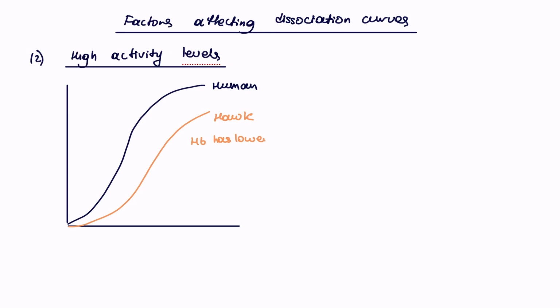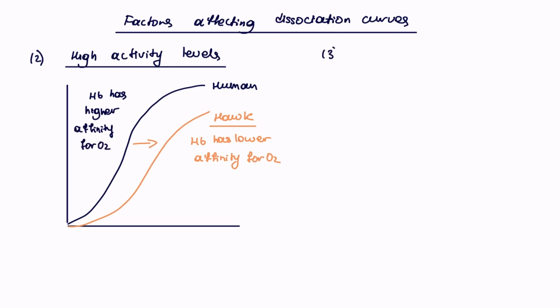So in this case, hawk's hemoglobin needs to be able to release oxygen more readily compared to human hemoglobin, because remember, oxygen is going to be used for the aerobic respiration, so then the energy can be released in a form of ATP for various cellular processes. So in this case, the hawk's dissociation curve for the hemoglobin is going to be shifted to the right, as depicted by the arrow here again.